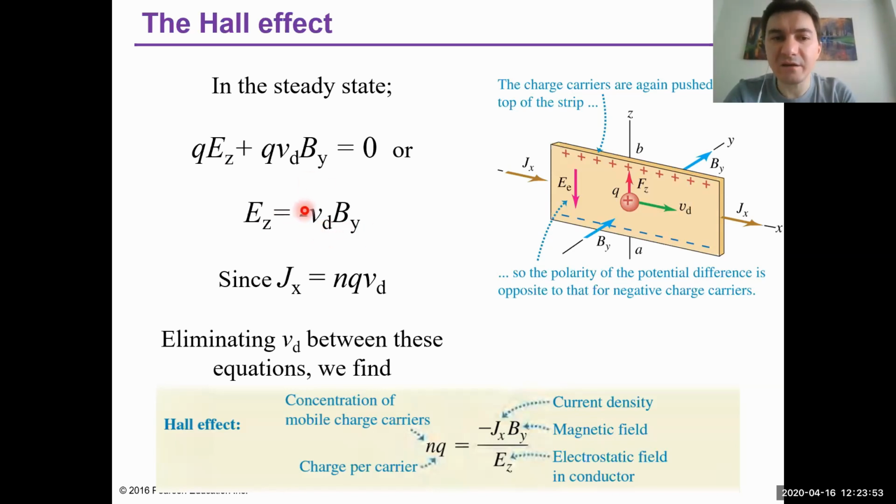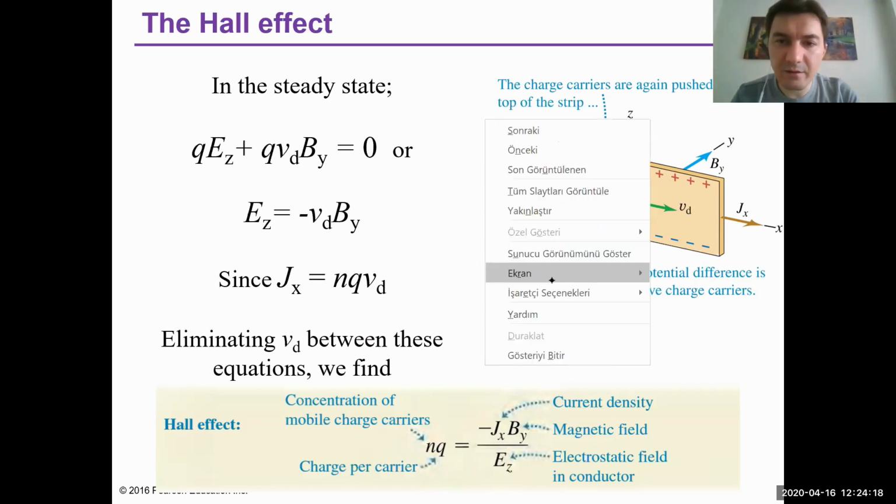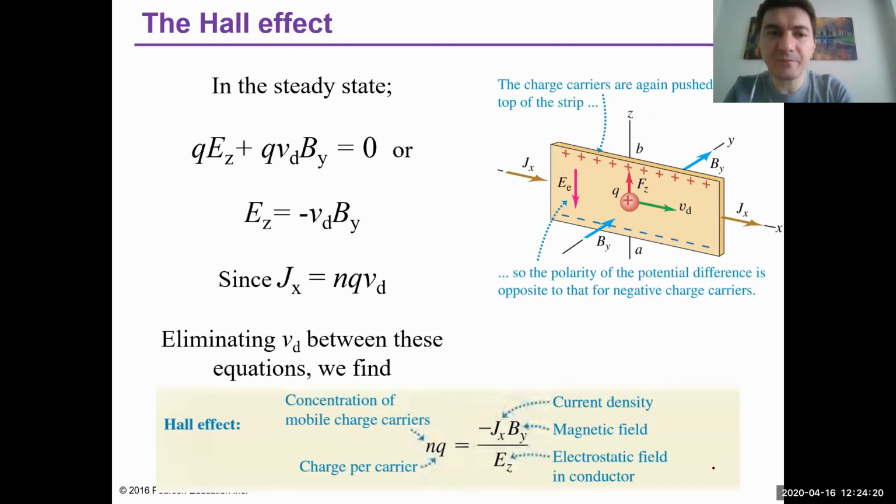Here we have VD. Instead of VD, we can use that expression. We know from the last lectures that the current density is given by N times Q times VD. Take VD and put it here, J over NQ, okay? Then you can get that expression. So here we have Ez.